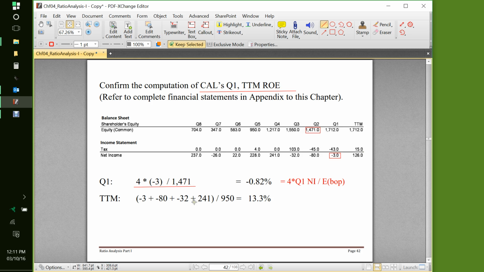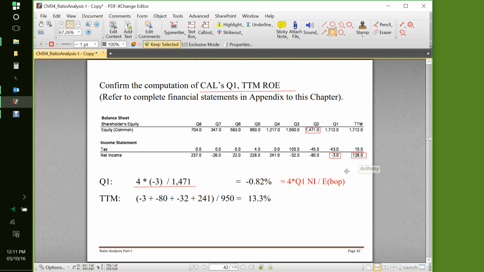Okay. And now for the TTM ROE, I need the net income from the past 4 quarters in the numerator, and you all should know by now, I can pick that up right here. And what are the units of this going to be? Net income per year, right? Net income of this quarter plus this quarter plus this quarter plus this quarter equals net income per year for the whole year, okay?